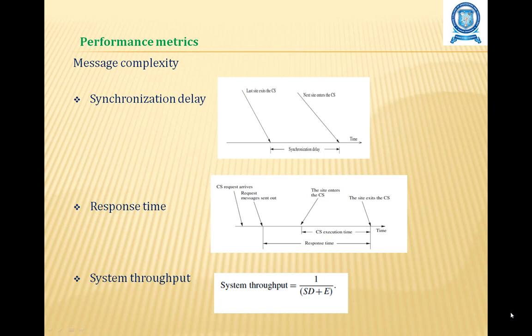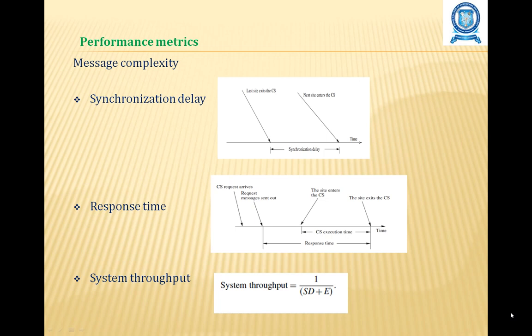The third one is response time. This is the time interval a request waits for its critical section execution to be over after its request messages have been sent out. Thus, response time does not include the time a request waits at a site before its request messages have been sent out.